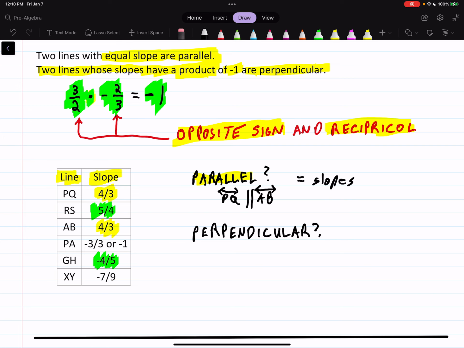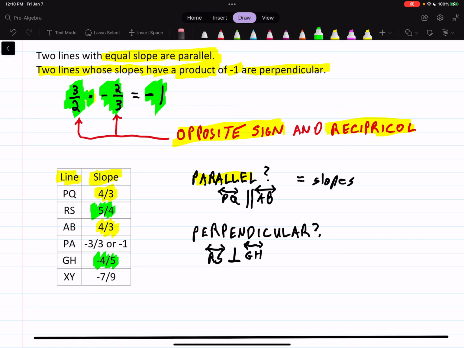So I can now say that line RS is perpendicular, and that's the symbol for perpendicular, the kind of upside down T, to GH. And make sure I put my line bar at the top. And those two are perpendicular. And nothing else actually ends up being perpendicular.